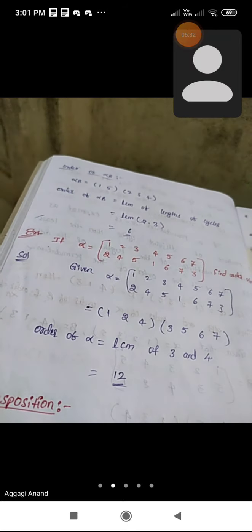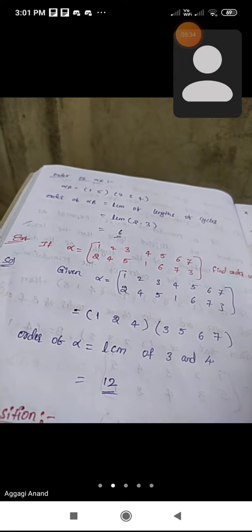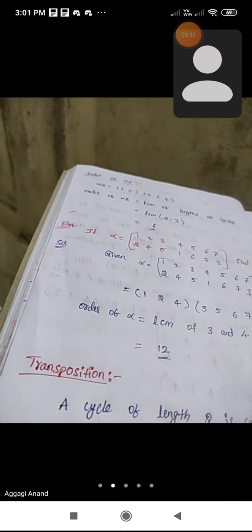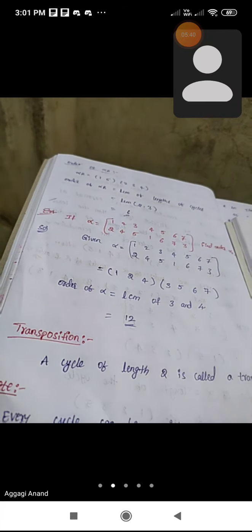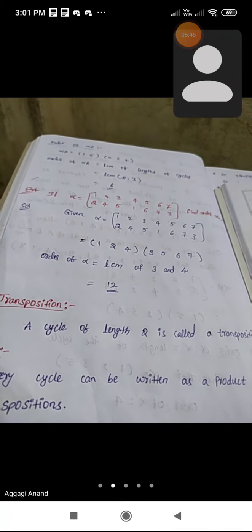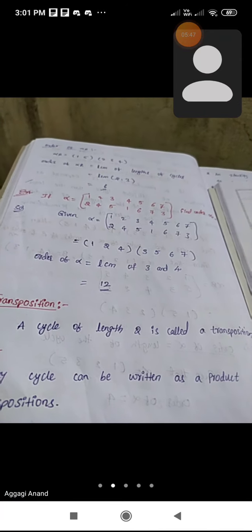This is the concept of the order of permutations. Next we will discuss transpositions. A transposition is nothing but a cyclic of length 2. If a cyclic has length 2, then it is called a transposition.